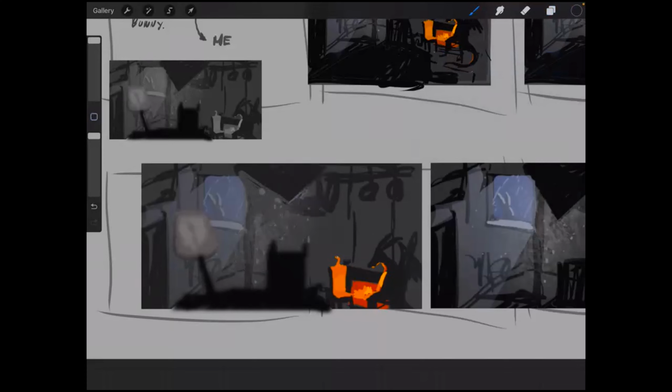So you see that for me, it's working way better, right? And those things that were on top, I'm gonna make them lower.